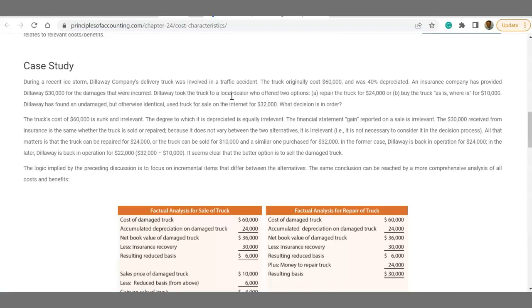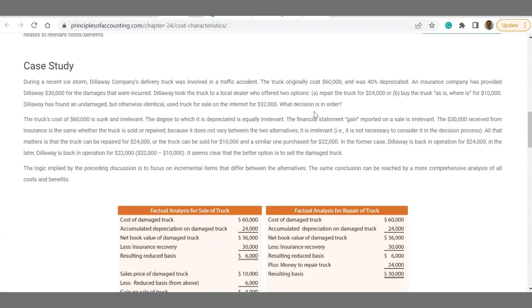Company took the truck to a local dealer who offered two options. First, repair the truck for $24,000 or buy the truck as is for $10,000. Company has found an undamaged but otherwise identical used truck for sale on the internet for $32,000.